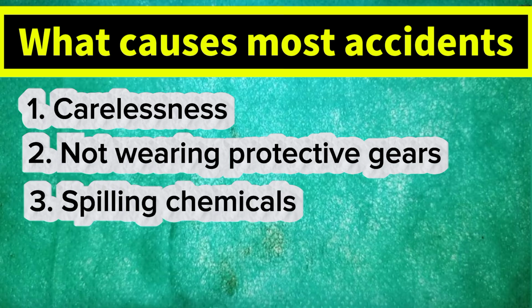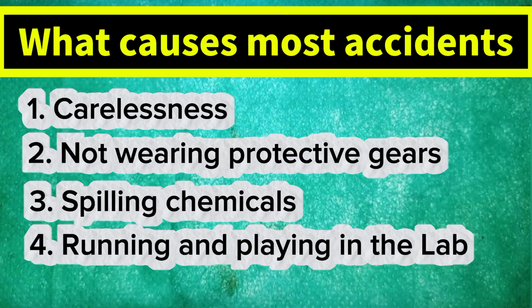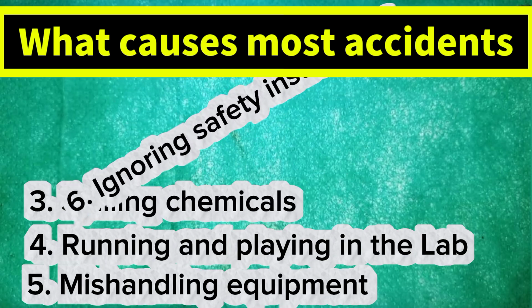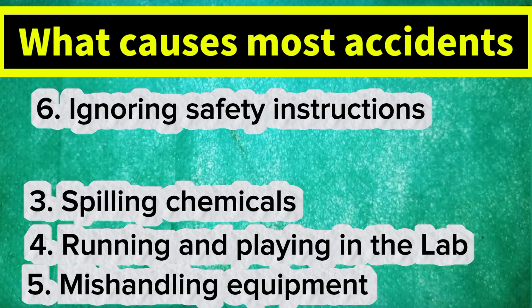Number 3, spilling chemicals. Number 4, running or playing in the laboratory. Number 5, mishandling equipment. Number 6, ignoring safety instructions given by the teachers.